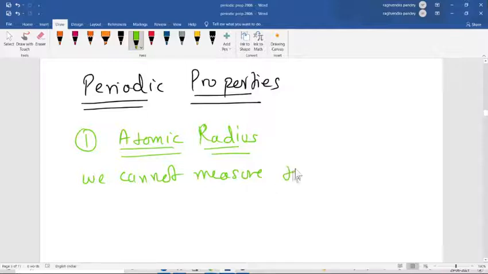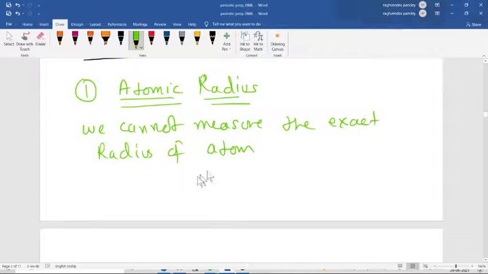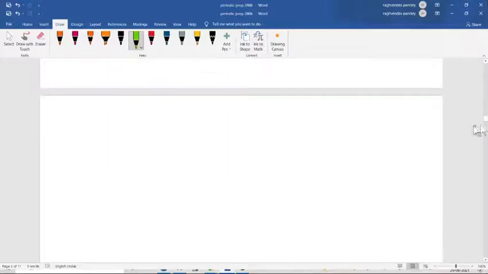We cannot measure the exact radius of an atom. Why? Because the electron position is not certain; there is only a certain probability. Suppose we take the 1s of a hydrogen atom.